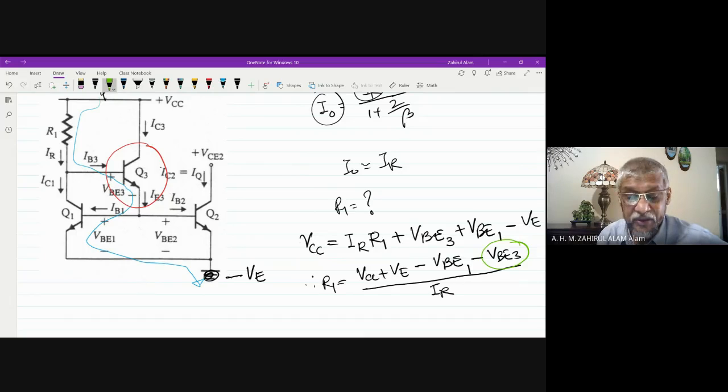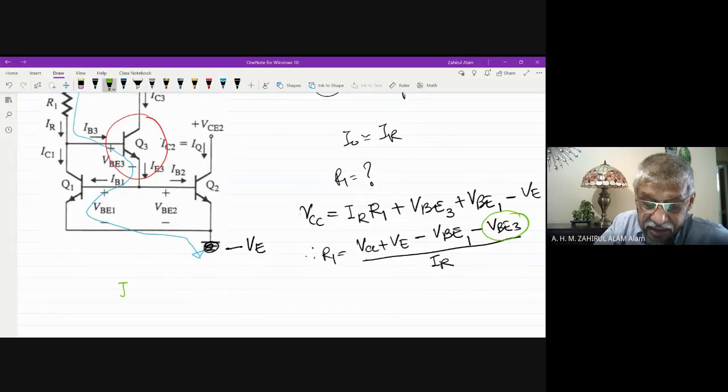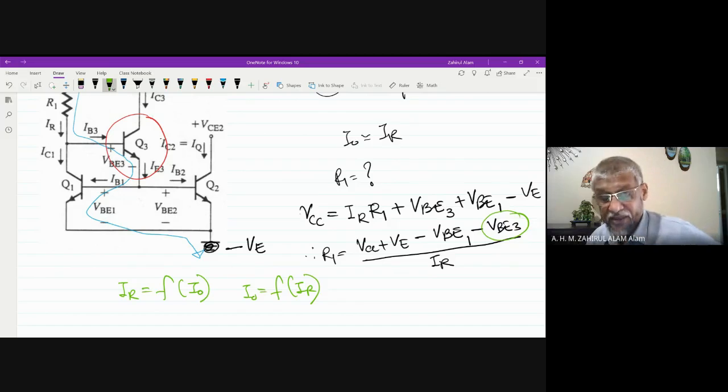Now in this case also we need to find the relation between IR and I naught, or find I naught as a function of the reference current. So we need to find the relation between I naught and IR.